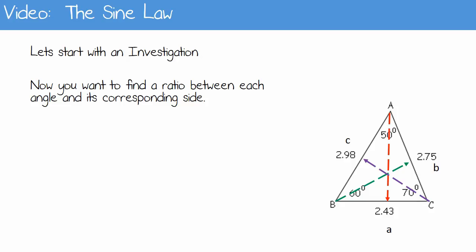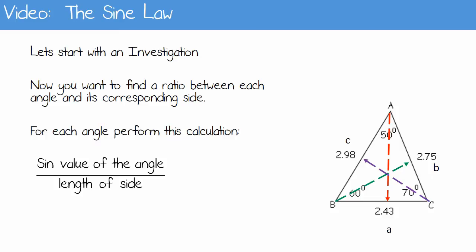Now, you want to find a ratio between each angle and its corresponding side. For each angle, perform this calculation: the sine value of the angle divided by the length of the side.